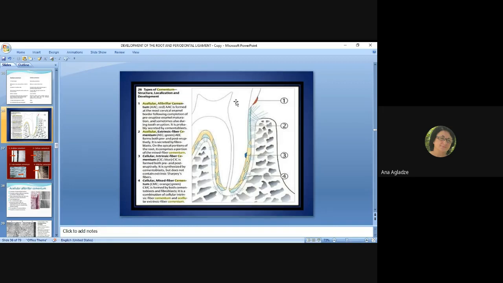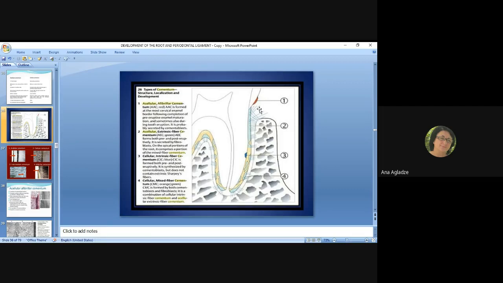When the epithelial covering of the freshly formed coronal enamel disappears, the adjacent connective tissue comes into contact with the enamel surface. Here you can see pre-eruptive maturation of the enamel is completed at this stage, and this occurs shortly before eruption or as the tooth is just starting to erupt.